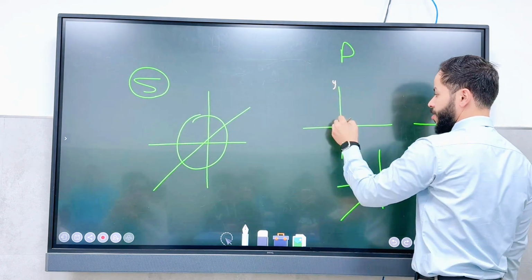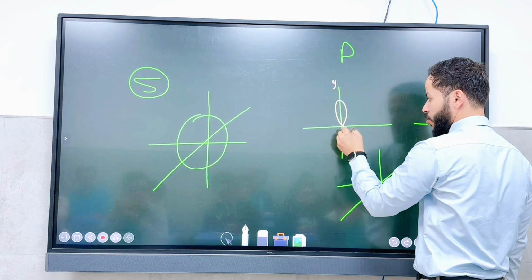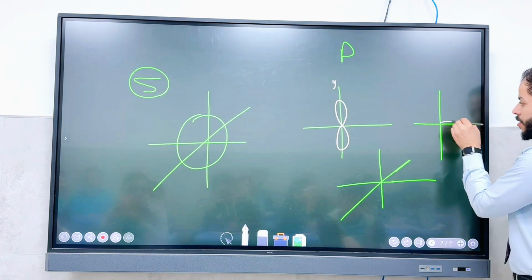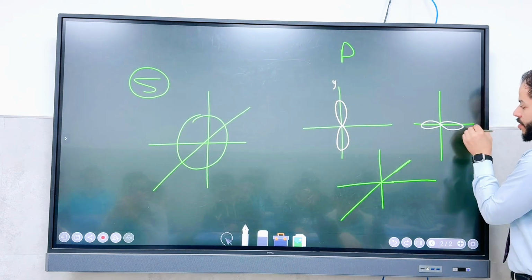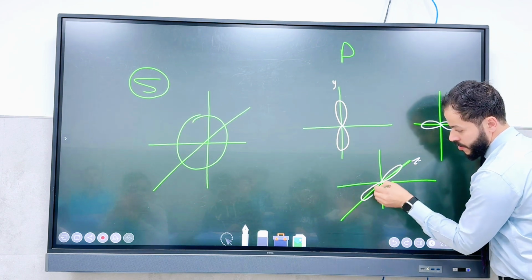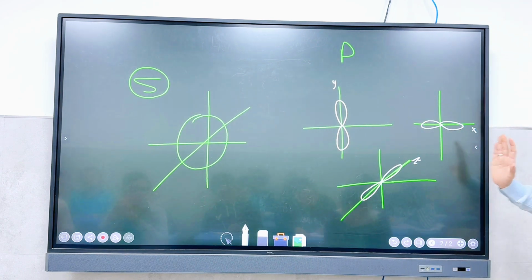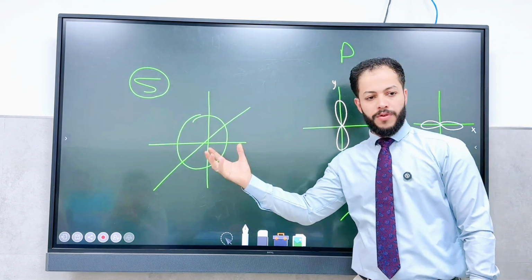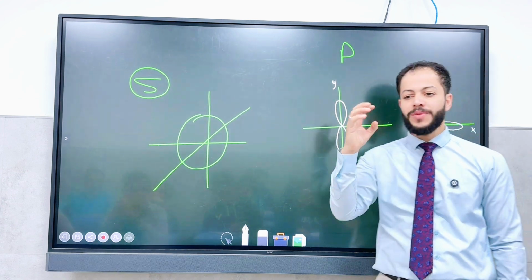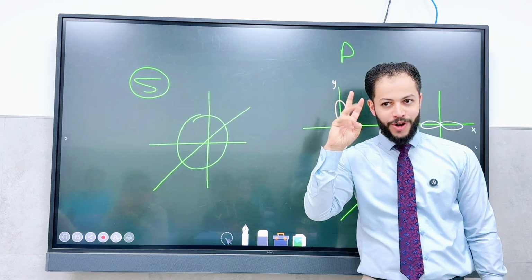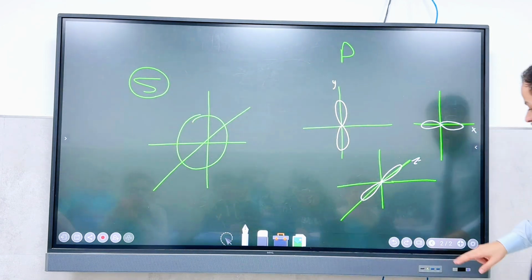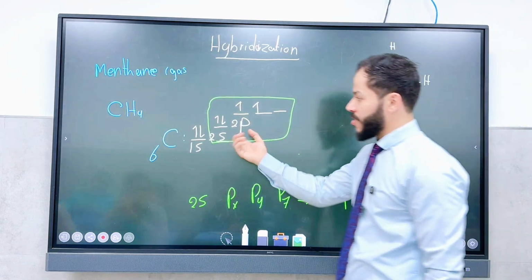Dumbbell shaped or looped. This is the y, this is the x, this is the z. These are the 3 orbitals of p, right? With hybridization we make an upgrade for the orbitals. We mix this s orbital with the 3 p orbitals to form how many orbitals? 4 orbitals, capable of making how many bonds? 4 bonds.